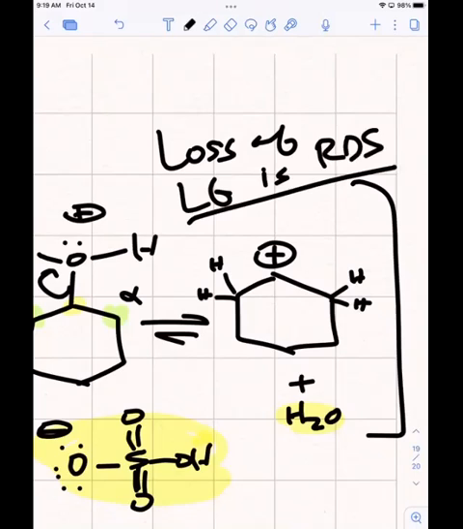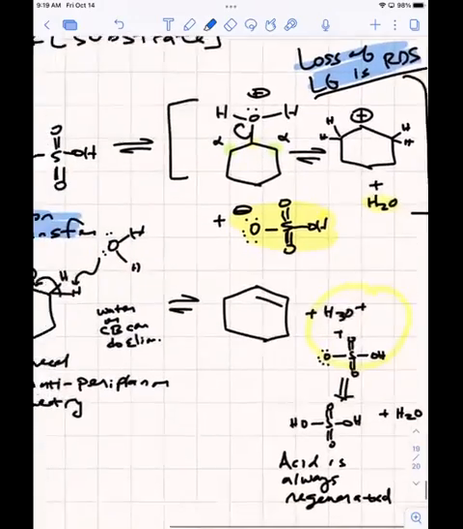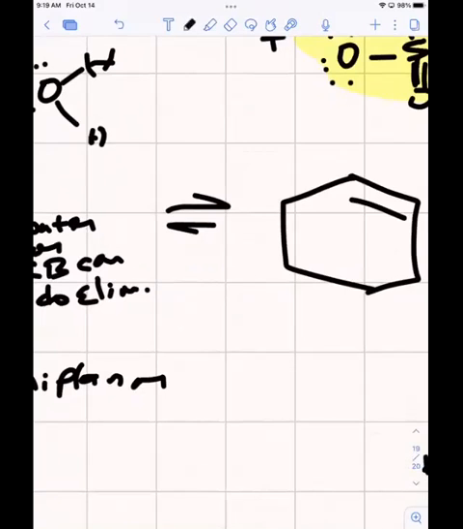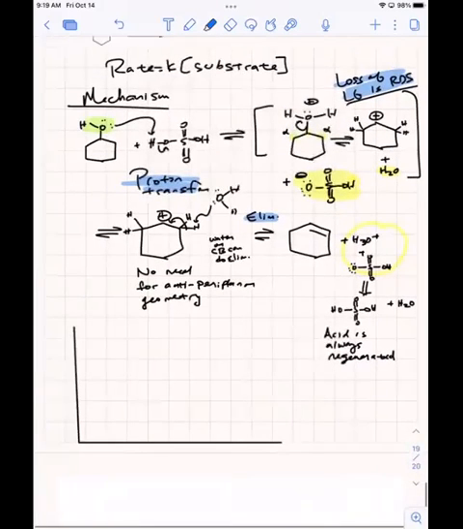Loss of leaving group is the rate determinant step. That's a step. And then the elimination is also a step. So how many steps is that total? 3. 3 steps.